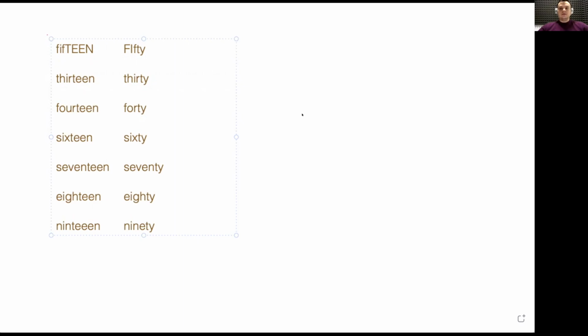And when you get to the other side, you want to make sure that first syllable, you're really using that melody. 50, 30, 40. So I want you to try the right side again. 50, 30, 40, 60, 70, 80, 90.